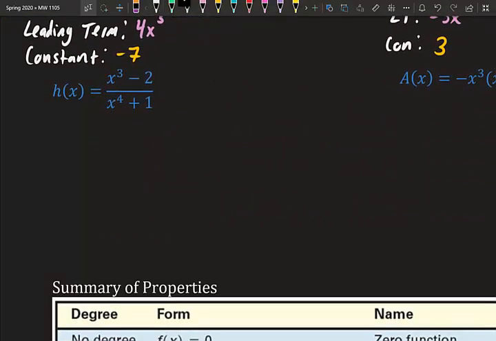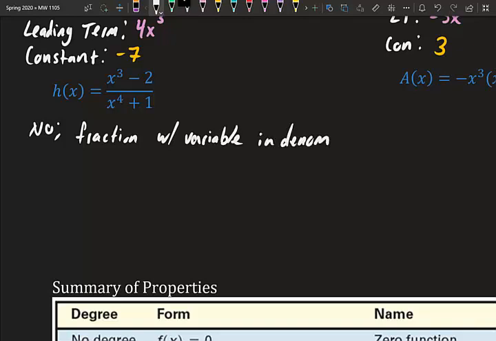Alright, next one. We have a fraction, but more importantly, we have a variable in the denominator, so it's not a polynomial. On the surface, we know why: there's a fraction with a variable in the bottom, the denominator. Now, again, that's not the real reason why.